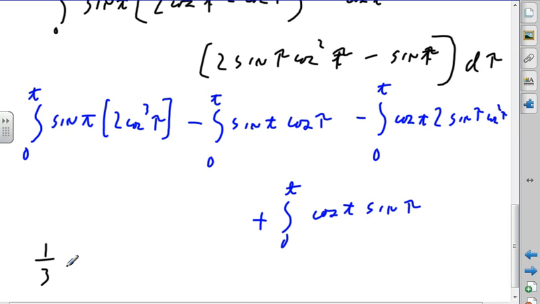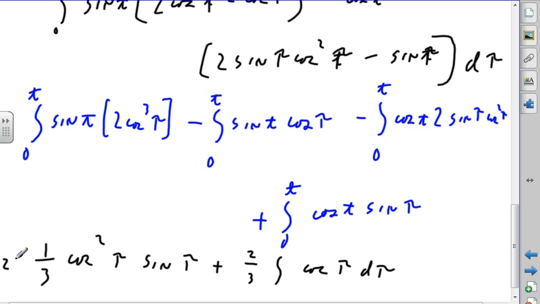All right, so this is 1/3 cosine squared tau sine tau plus 2/3 integral cosine tau d tau, the whole thing's times 2 the sine of t.